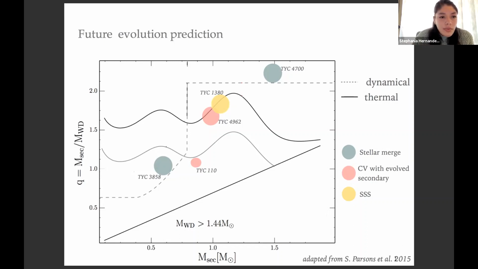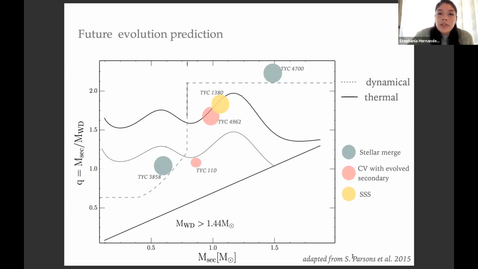In the case of the targets in blue or in green, they will run into unstable dynamical mass transfer when the secondary fills its Roche lobe. The orbital energy of the binaries will not be enough to expel the envelope, and therefore the two stars will merge.